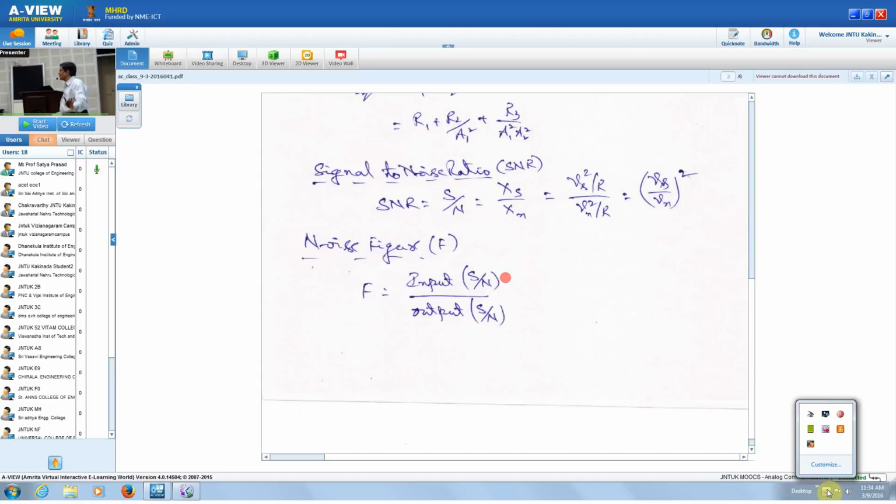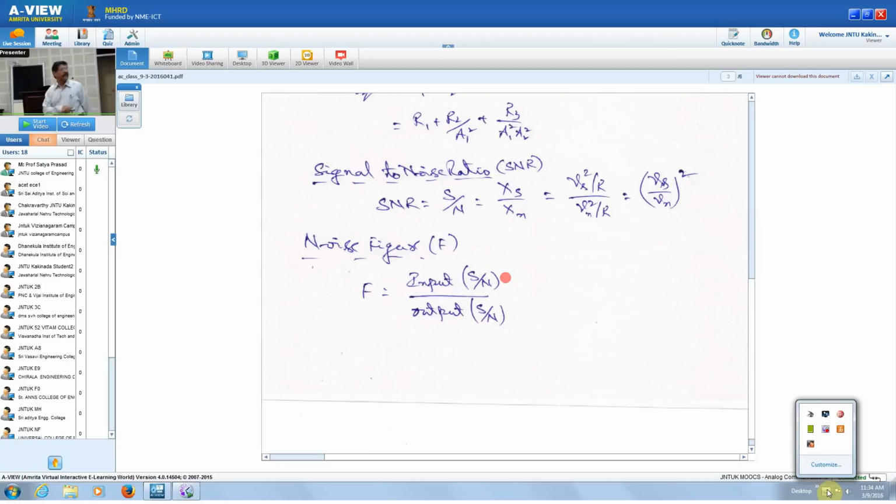Whatever amplification you give for the signal, the same amplification you give for the noise also. Therefore, the performance decreases as F increases.